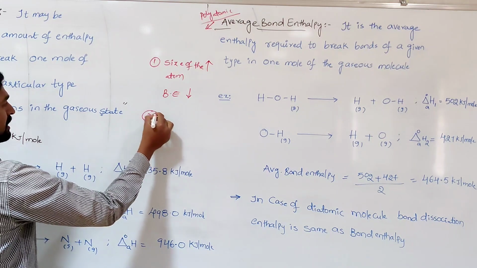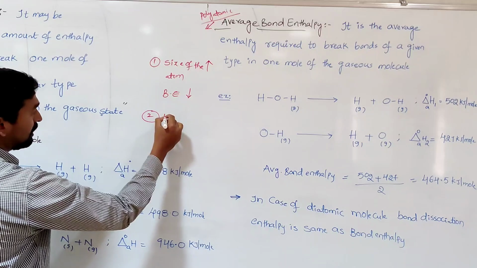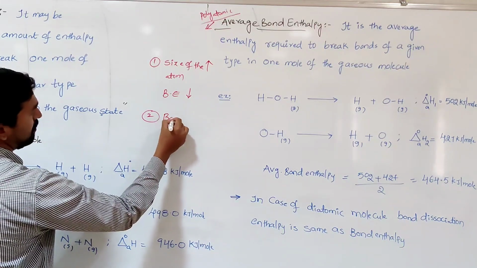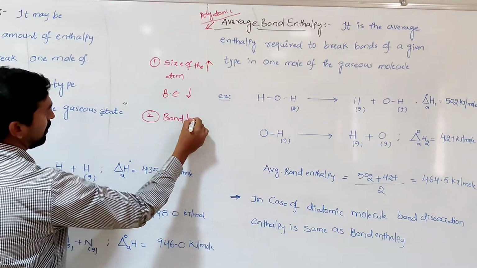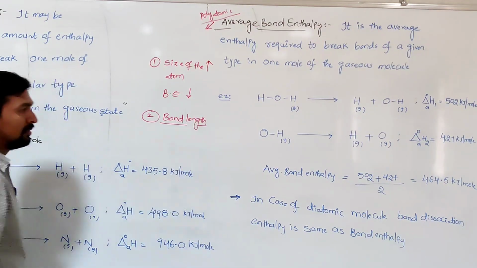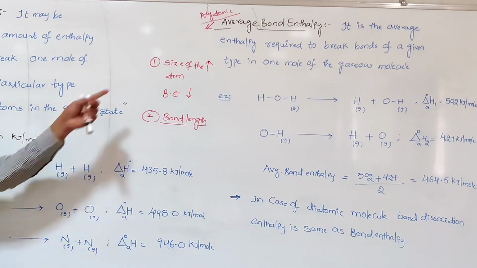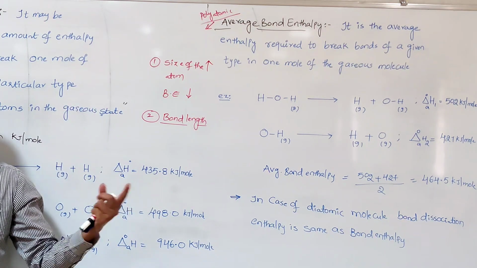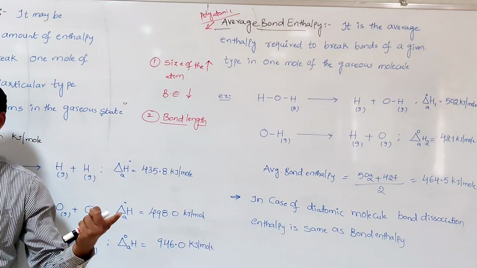The second factor is the length of the bond, that is bond length. Bond length is just like the size. As the size of the atom increases, the length between the two atoms also increases.